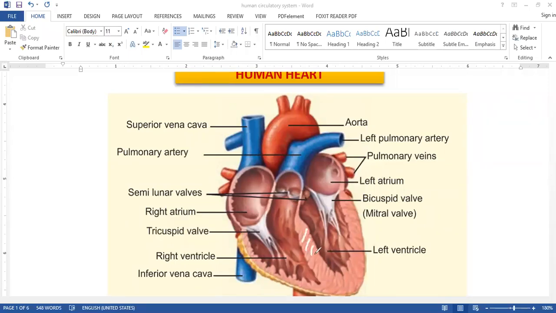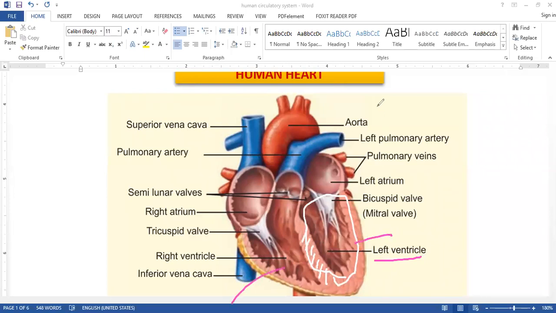If you look at the thickness of this human heart, this is the left ventricle and this is the right ventricle. The inside wall of the left ventricle is thicker than the right ventricle.